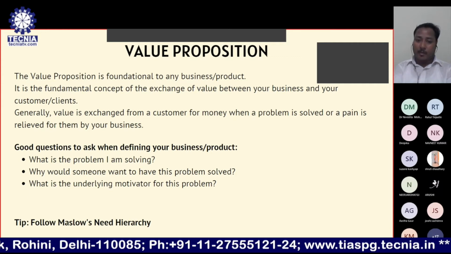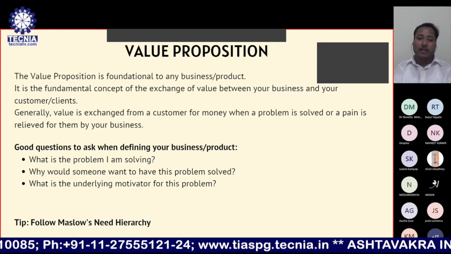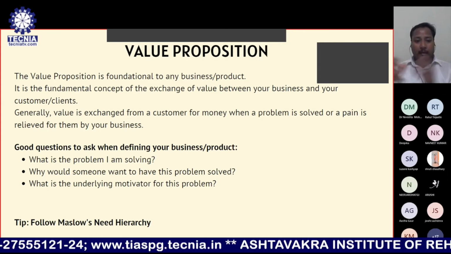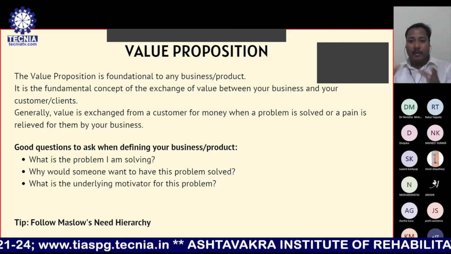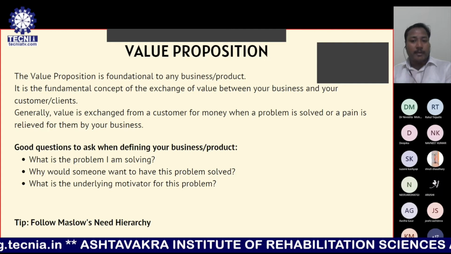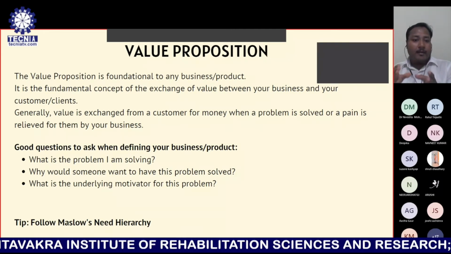One of the major problems which I understood is managing the menstrual health of rural women. So the whole underlying motivator of Vatsalya Wellness is to solve the problem of rural women.